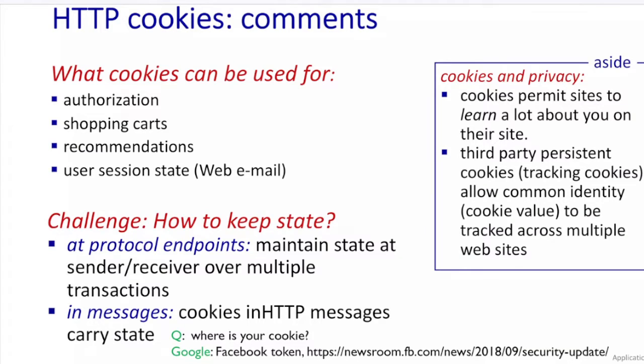Or shopping carts: when you add a new item to the shopping cart, the server remembers it by using the cookie mechanism. So the next time you log into the Amazon website, the server will remember what items have been added to the shopping cart, and so on and so forth.